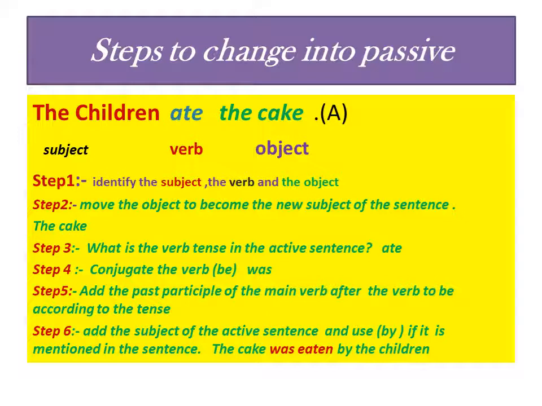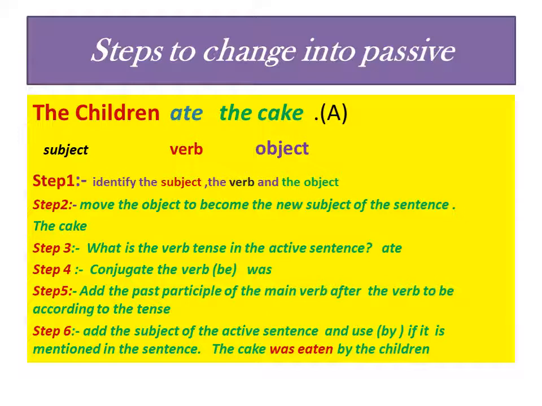Step 5: add the past participle of the main verb after the verb to be according to the tense. Step 6: add the subject of the active sentence and use by if it is mentioned in the sentence. So the sentence will be like this: the cake was eaten by the children.